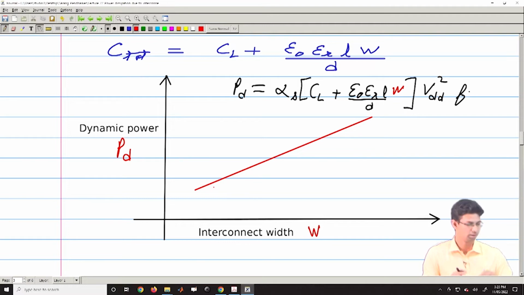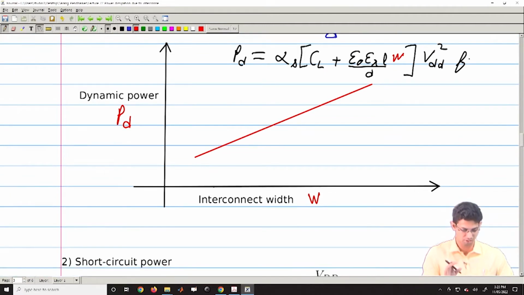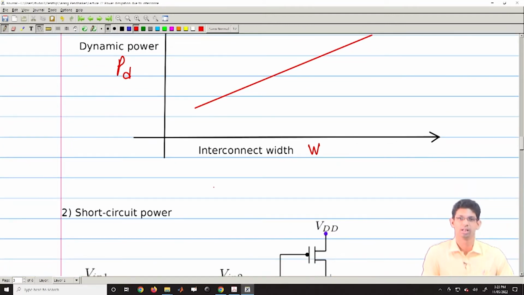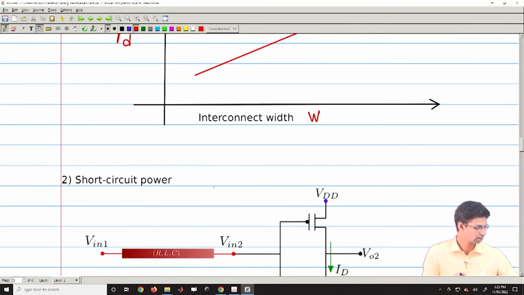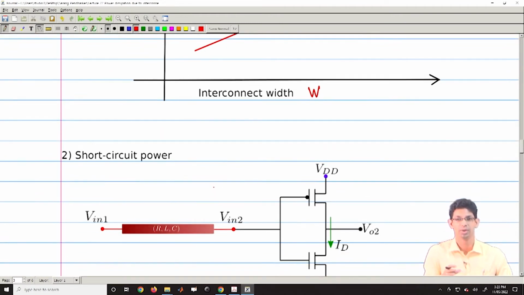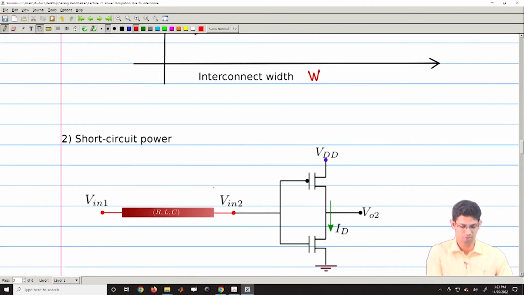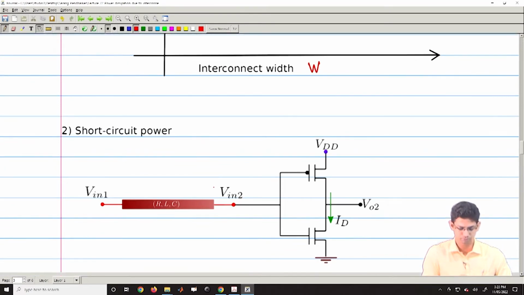So, my delay would more or less remain the same. However, the dynamic power is not the only power that is dissipated in your circuit. There is another transient power, that is the short circuit power. So, let us see how this short circuit power would behave because of this interconnect. Now, short circuit power is not dissipated in the interconnect.